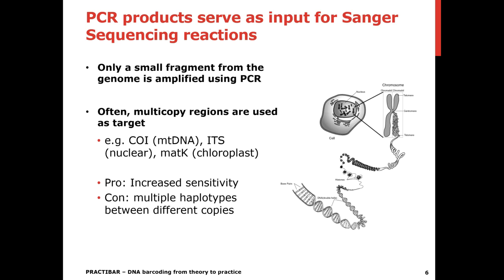ITS, nuclear DNA, so you have different copies of ITS, and matK for chloroplasts. Also, there are more chloroplasts in one cell, so there are multiple copies. So the positive part of that is that you have increased sensitivity by using those loci, but there is also a downside, because you can have multiple haplotypes between different copies.